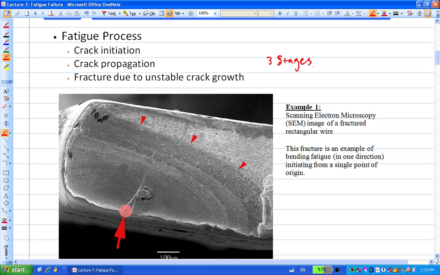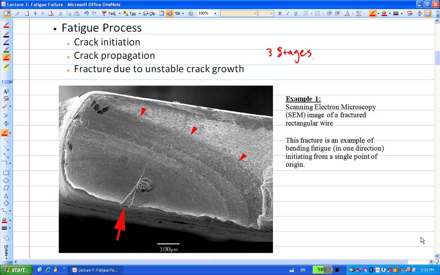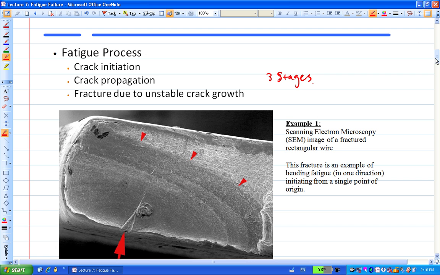It's being amplified, not sure how much, but it's quite a big amplification using the so-called scanning electron microscopy image here. One of our professors has bought similar equipment here, so it's actually the only one in BC. So it started here, and then the second stage is crack propagation.